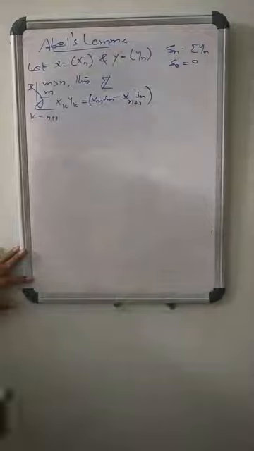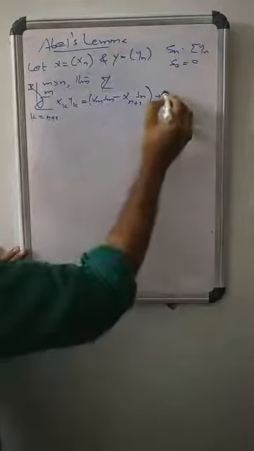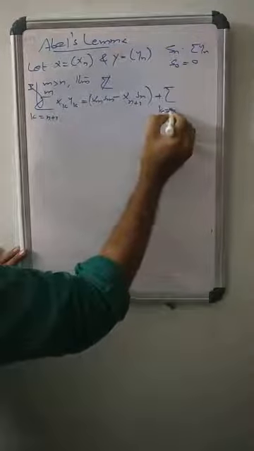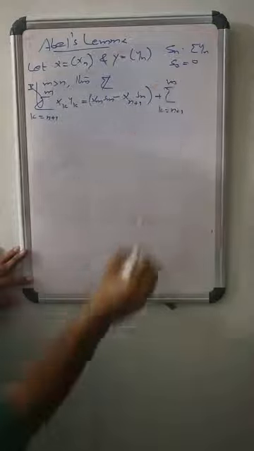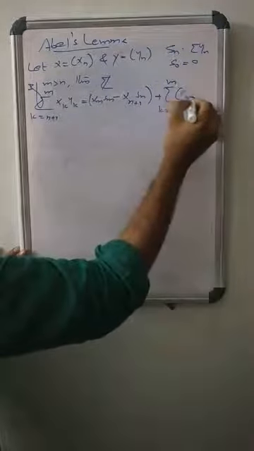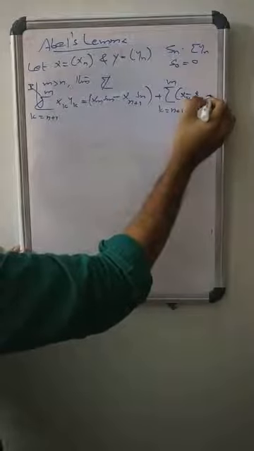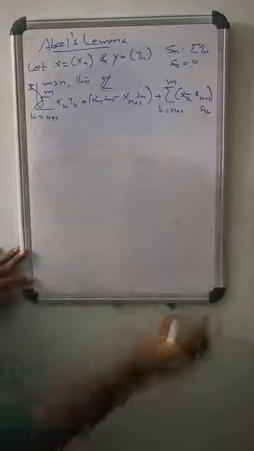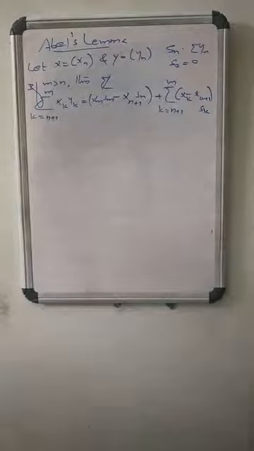plus sigma k ranges from n plus 1 to m of (xk minus xk plus 1) into sk. So this is the partial summation formula.